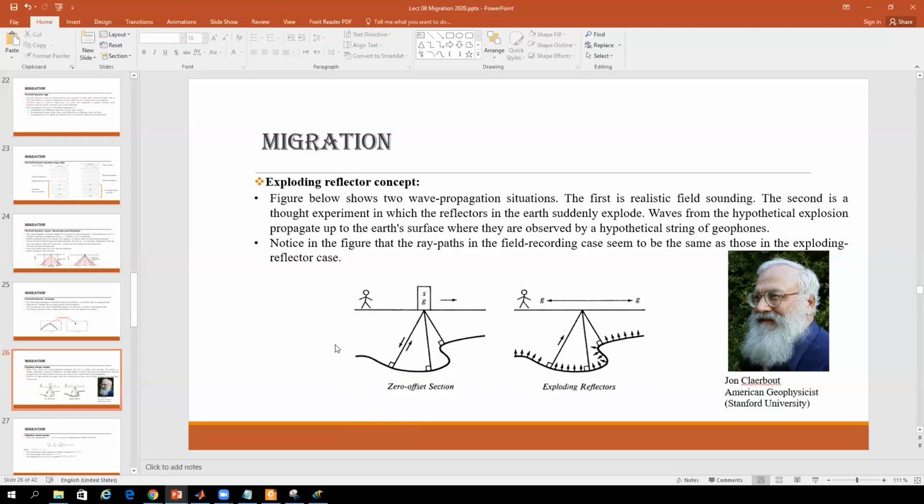So this is an explanation of how the seismic waves are producing an image for us in the stack section. The exploding reflector is saying that we can get almost the same thing, but since the wave will take only one way, here we will use half velocity.